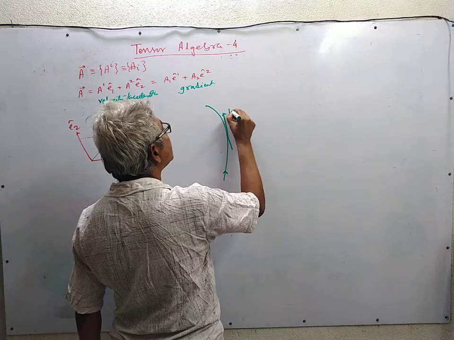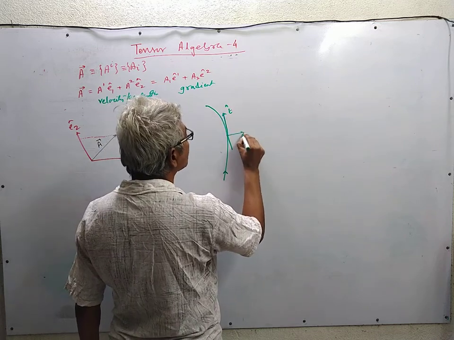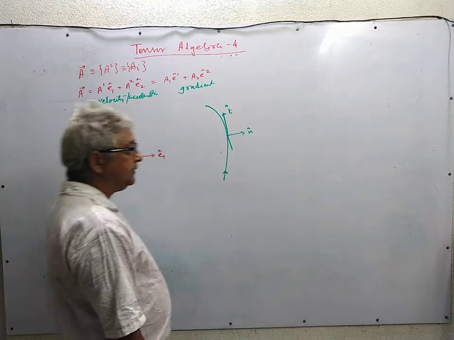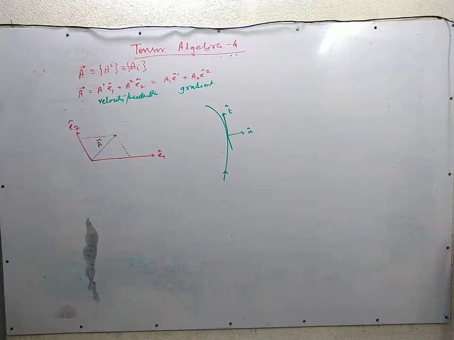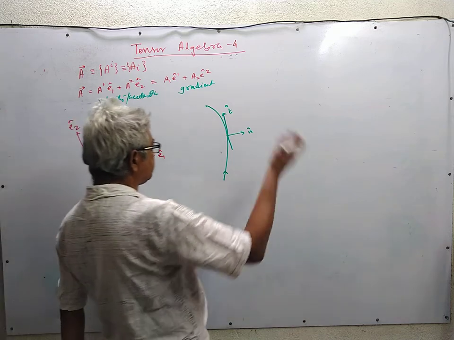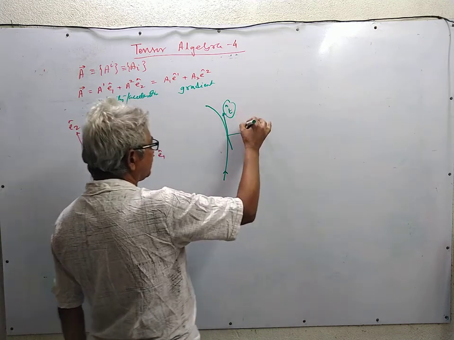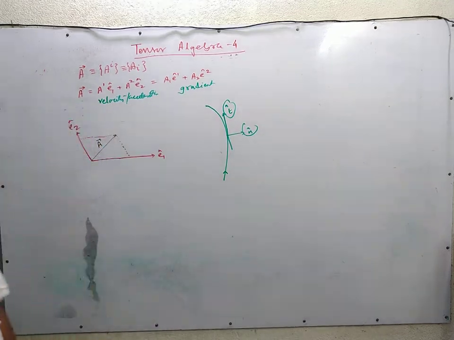This is the tangent vector, or we could draw the normal vector. In the case of an orthogonal coordinate system, there is no distinction between the space spanned by tangent vectors and normal vectors. But in the case of a non-orthogonal coordinate system, there is a difference between normal and tangent vectors.